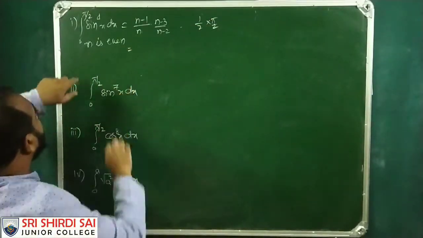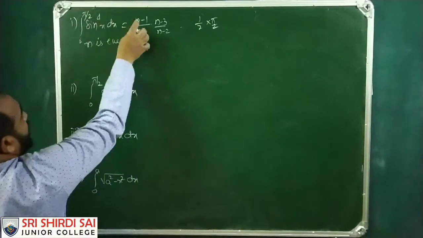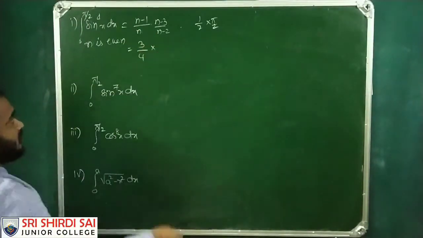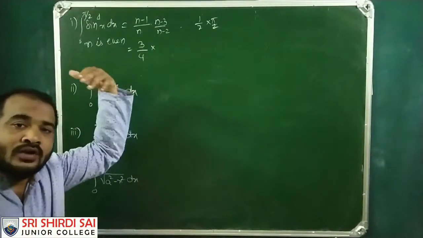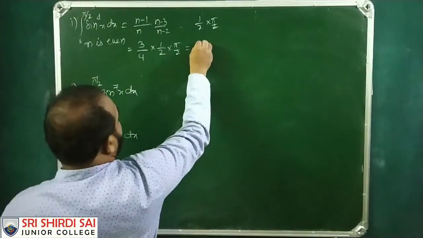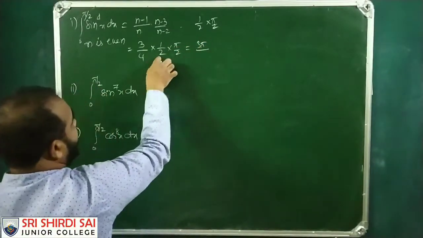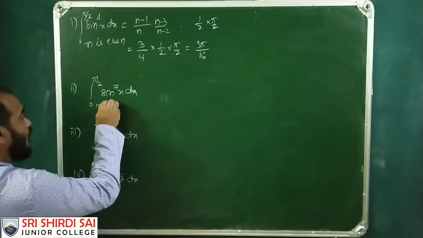So now n is 4, 4 minus 1, 3 by 4, reduce the successive factors by 2 on numerator and denominator, and the intermediate term will be pi by 2. So the answer is 3 pi by 16. Now if you come here, n is odd here.